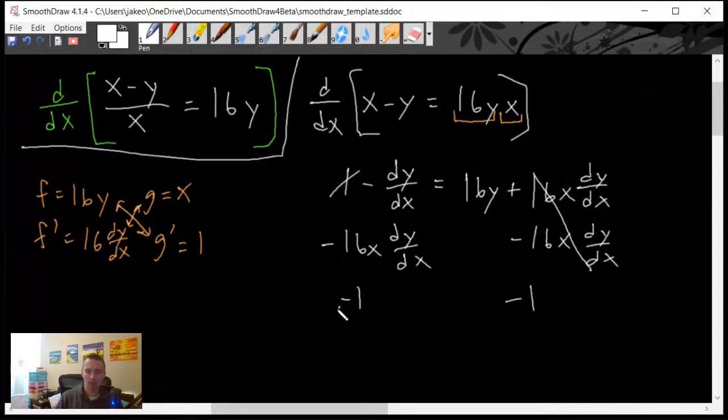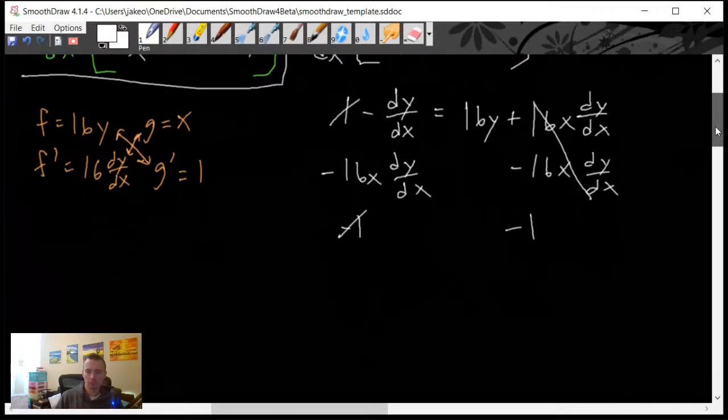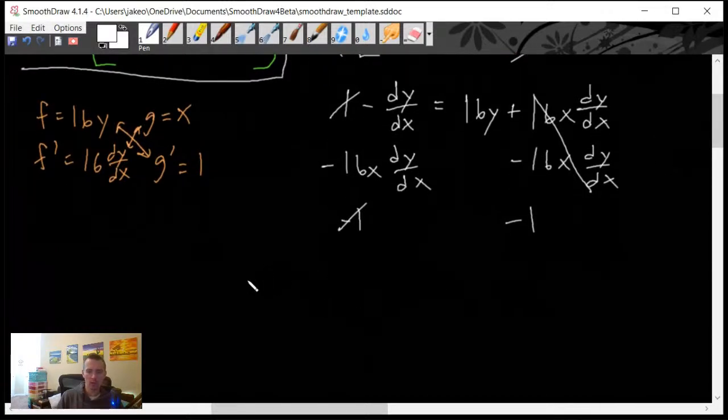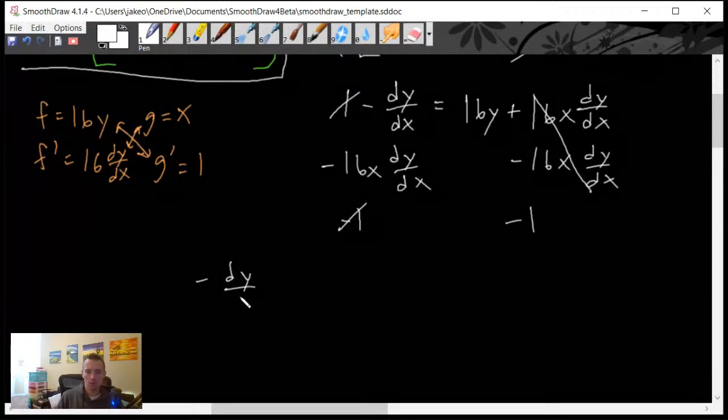So that'll cancel there. And we will be left with negative dy/dx minus 16x dy/dx. And then on the right side, we're going to have 16y still, and then minus 1.